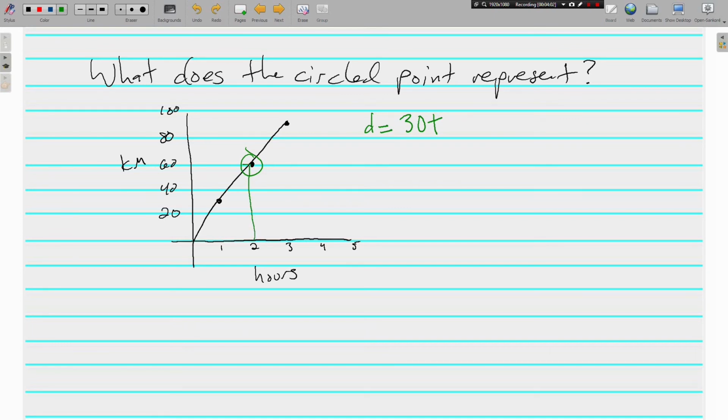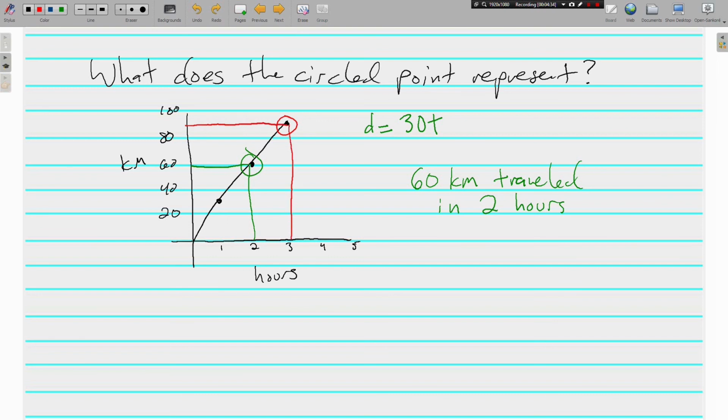Well, right here. It represents 60 kilometers traveled in 2 hours. That's it. I just want to make sure you know how to interpret a point on a graph. What's happening where the dot is right in between the 80 and the 100?